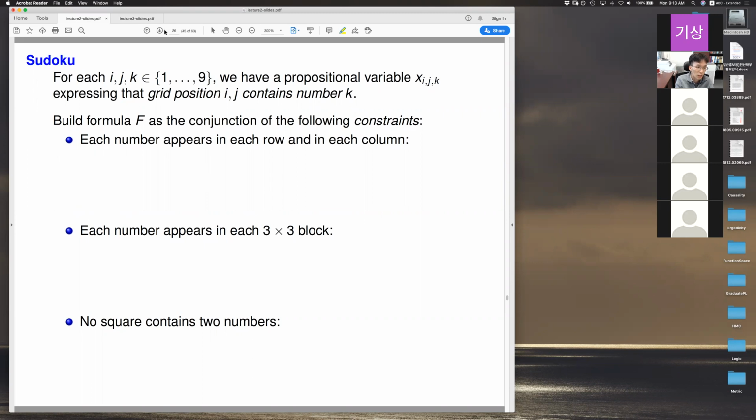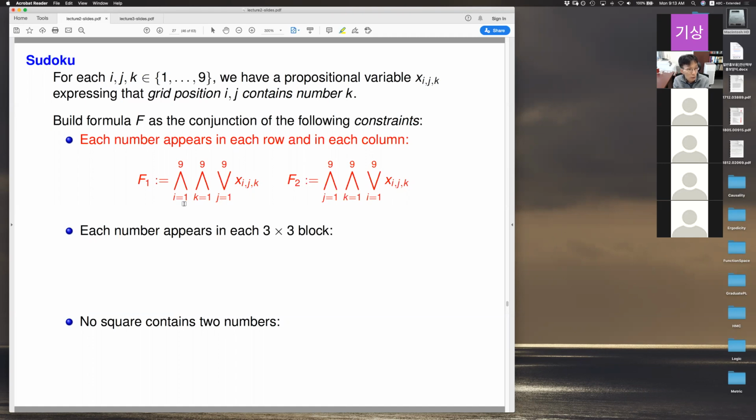So I'll show you the first property. The first property is written this way. Because this is iterated conjunctions, you see an iterated conjunction over i, an iterated conjunction for j, and there's an iterated disjunction for i and k, an iterated disjunction for j, and the formula involves xijk.